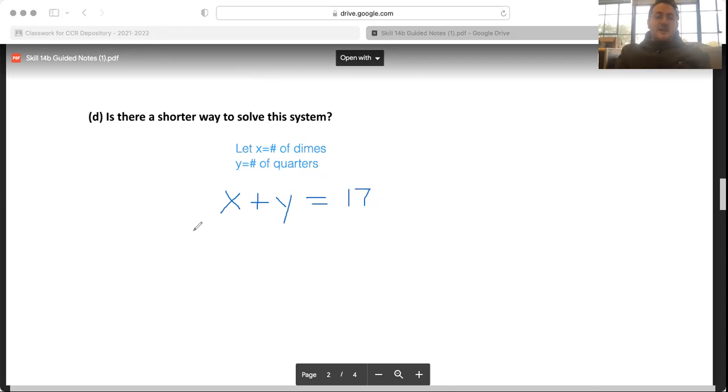And then a dime is worth 10 cents, so I could say that 0.10x plus 0.25y equals $2. So this is my cost equation, and the other equation is the number of coins.